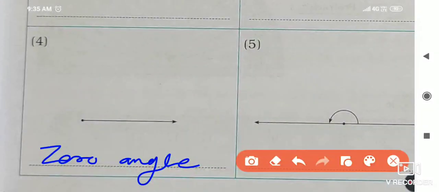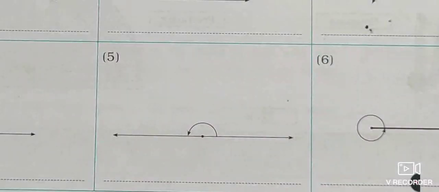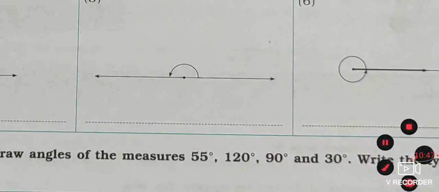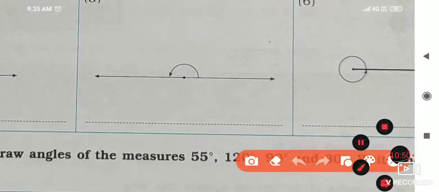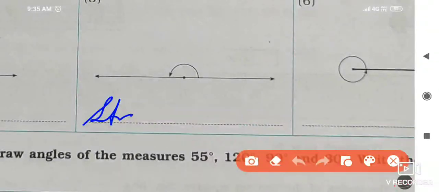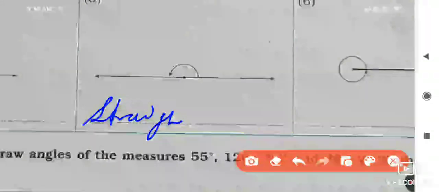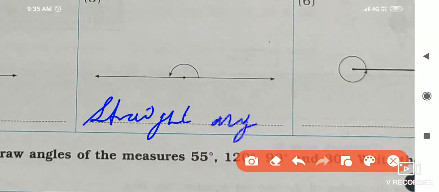Now the fifth angle, a straight line is given. If you see a straight line, without thinking anything, you just write which angle it is. It is a straight angle. Notice the difference: this one, I told you, is a zero angle.